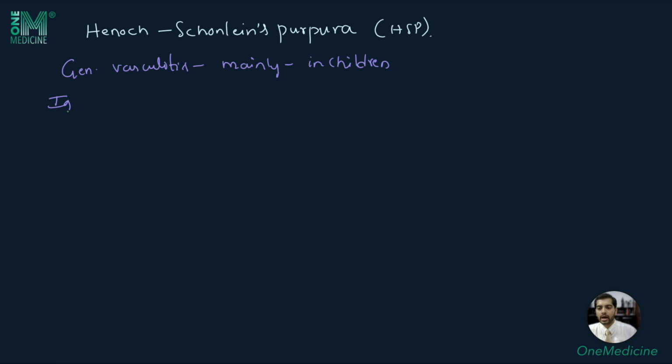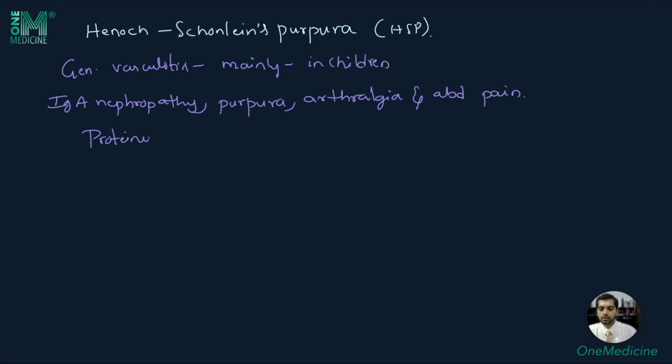It is characterized by IgA nephropathy, purpura, arthralgia, and even abdominal pain. Patients usually present with proteinuria and hematuria. Renal biopsy is used to prognosticate. Treatment is generally supportive.